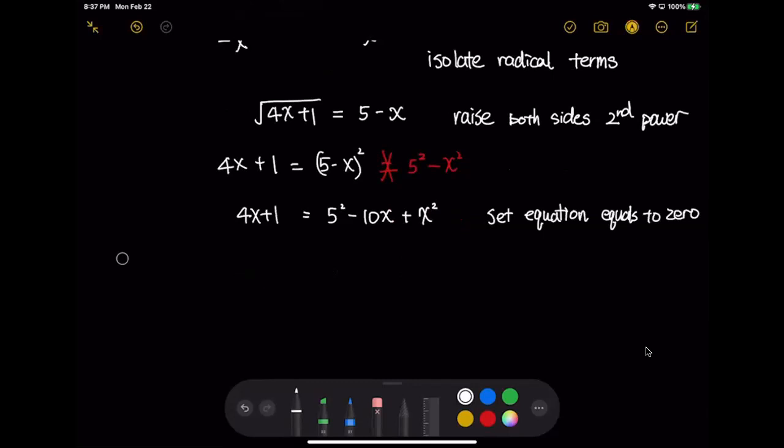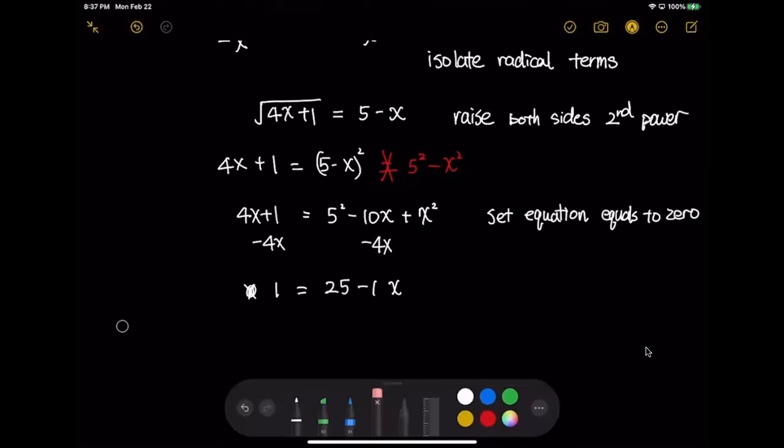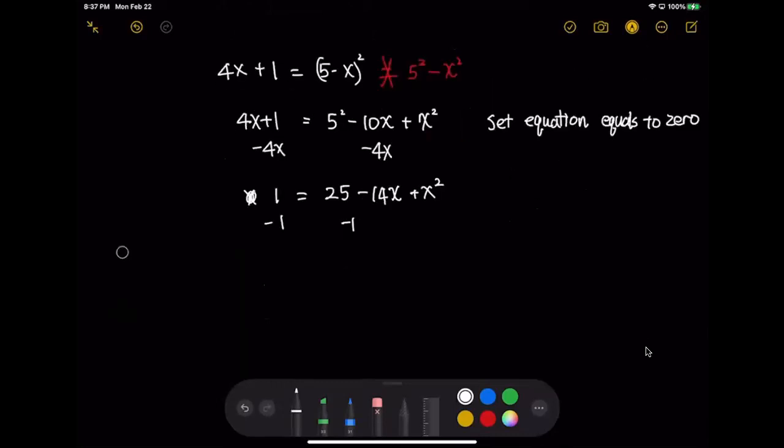So I subtract 4x on both sides. I have 1 equals 25 minus 14x plus x squared, and then I subtract 1 on both sides. So I have 0 equals 24 minus 14x plus x squared.